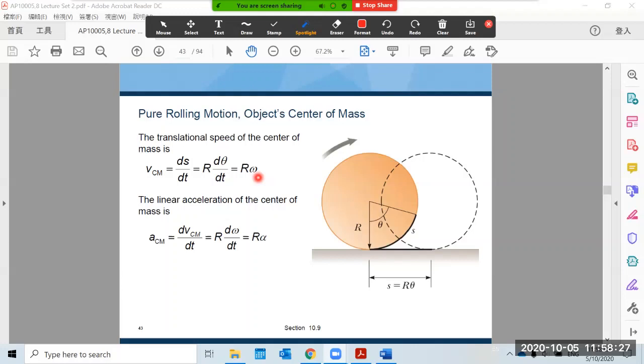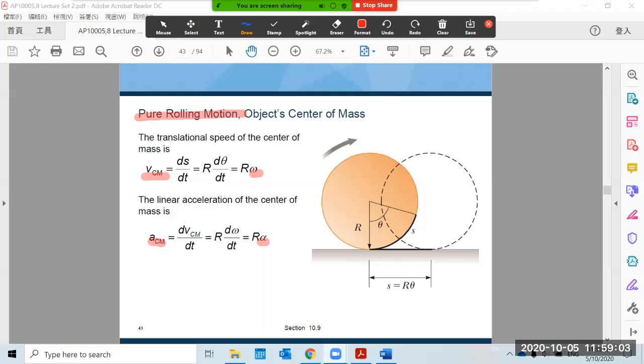So we could now, for the case of a pure rolling motion, rolling without slipping, without sliding, the center of mass is moving in relation to the angular speed. Similarly, the acceleration of the center of mass is related to the rotational acceleration of the cylinder.